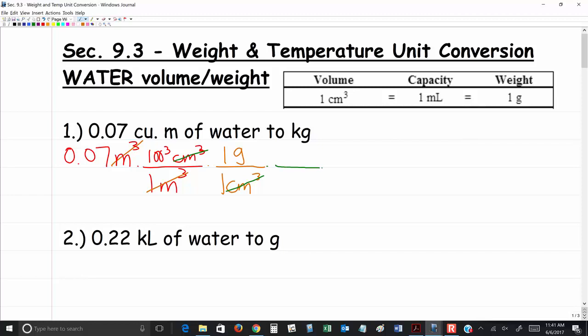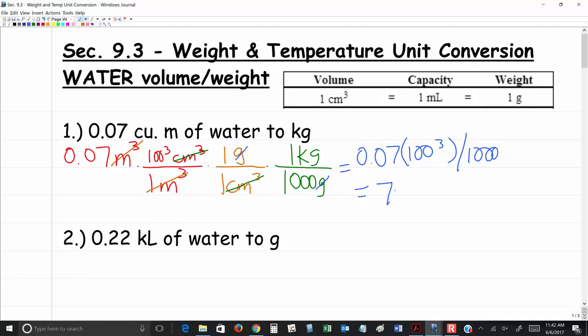That gets rid of cubic centimeters. And then I just need to convert from grams to kilograms. So 1,000 grams is in 1 kilogram. So I've got to do 0.07 times 100 to the third power divided by 1,000, which is equal to 70 kilograms of water.